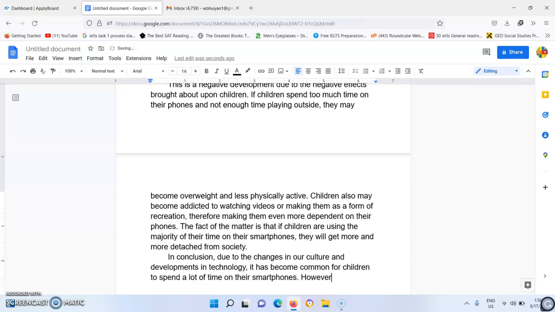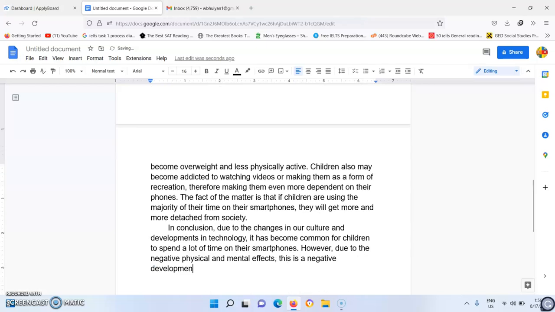However, due to the negative physical and mental effects, this is a negative development.